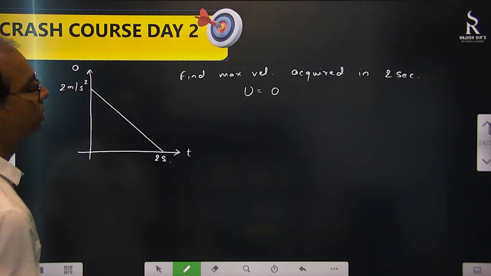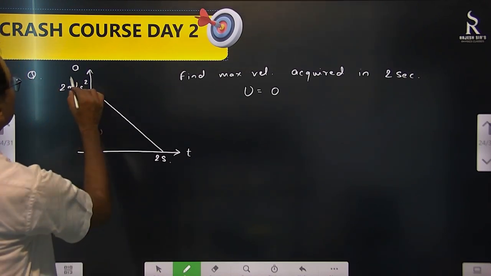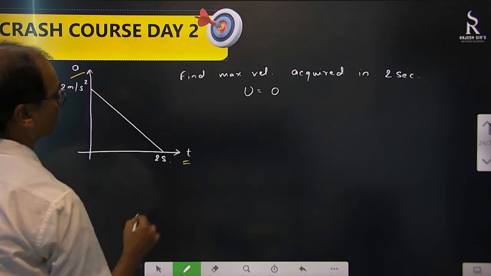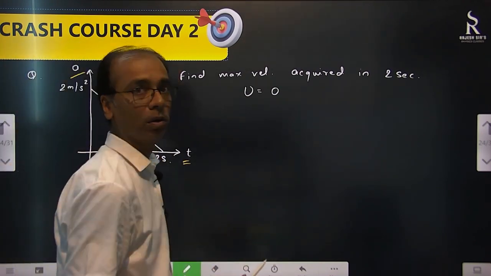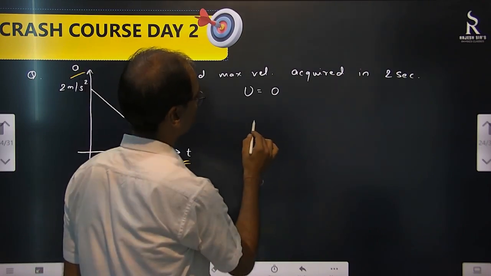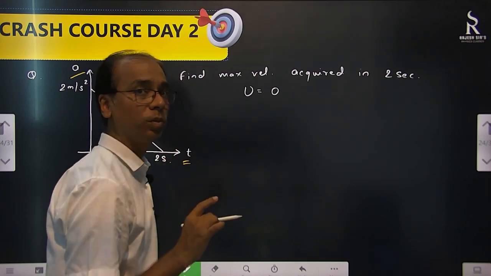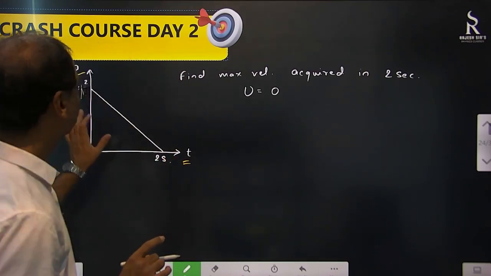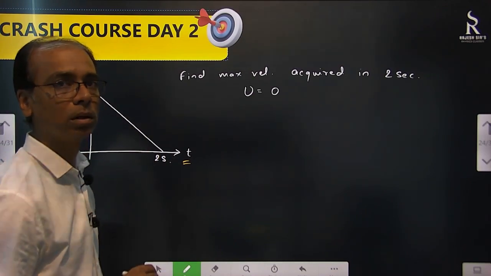Find maximum velocity acquired in 2 seconds. What curve? AT curve. Oh, what does the AT curve's area give us? What I told you, slope and area. Area means multiplication. So area in AT, when you multiply acceleration and time, what are we going to get?